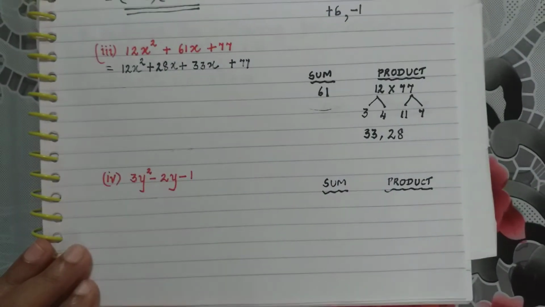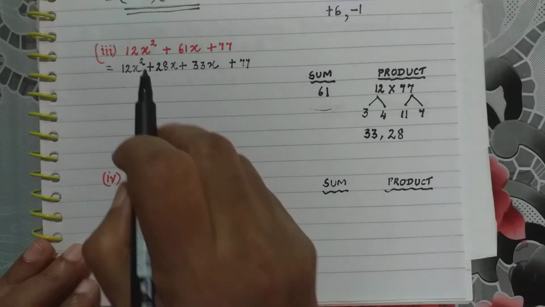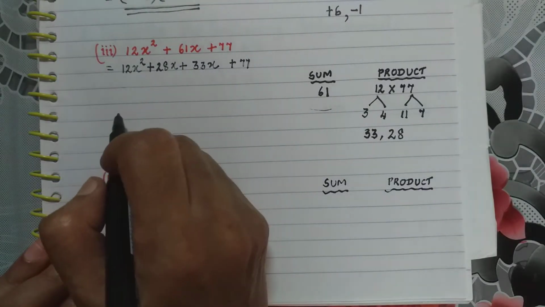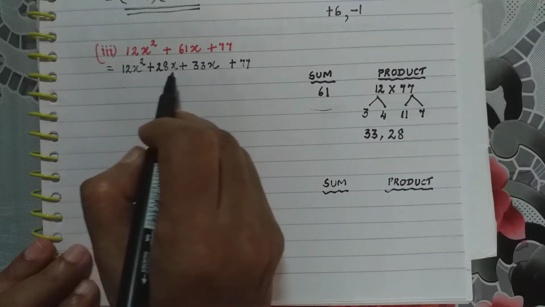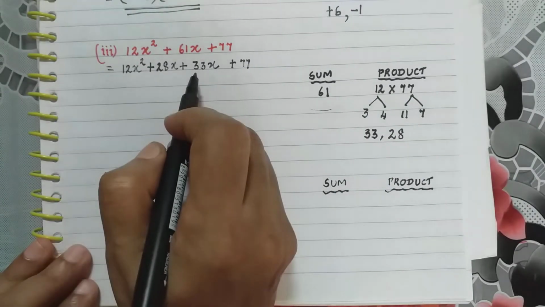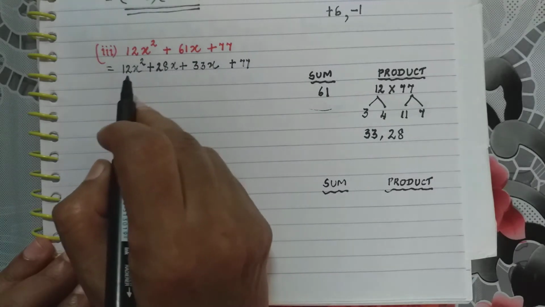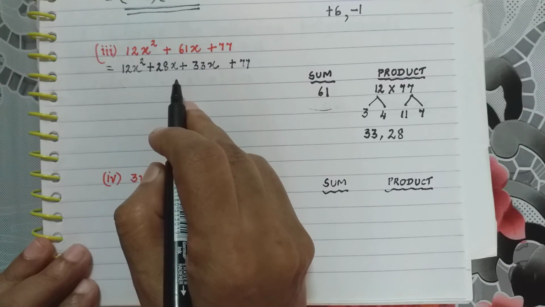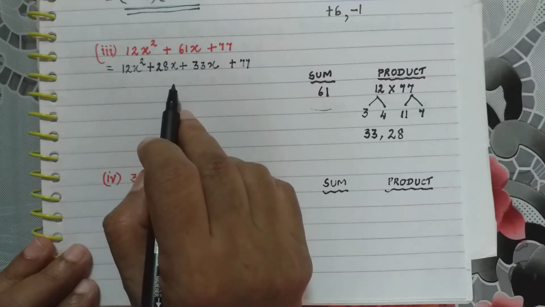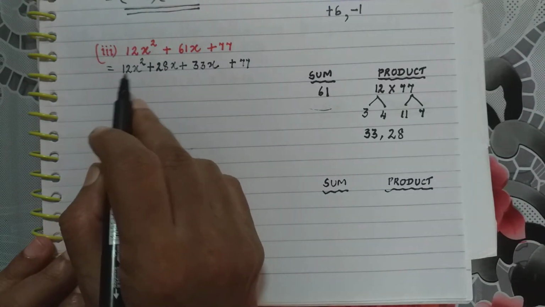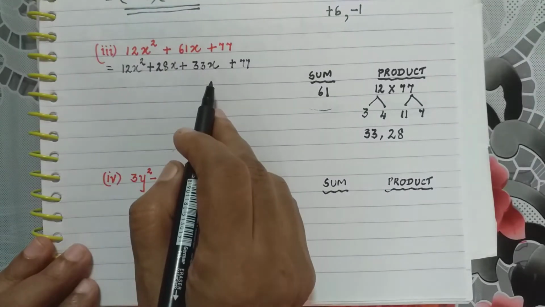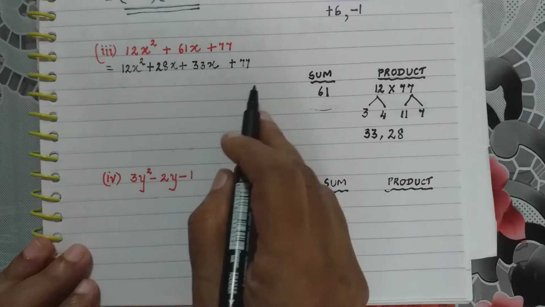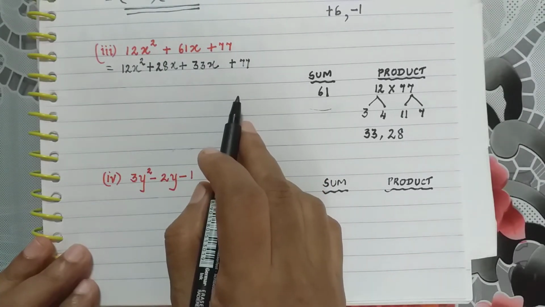Now what is the reason I have written like this, that is first 28x and then 33x? Because in the next step, we take factors of these two common. Now if I take 33x and 12, I don't have anything in common. But if I take 28, I have 4 common in both of them. So I write 28x first and then 33x. Same way if I write 33 and 77 together, I have 11 in common in both of them.